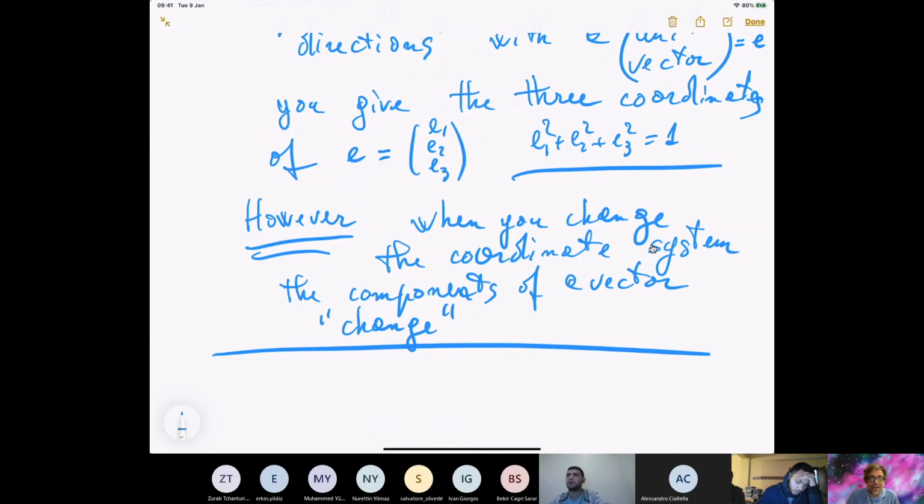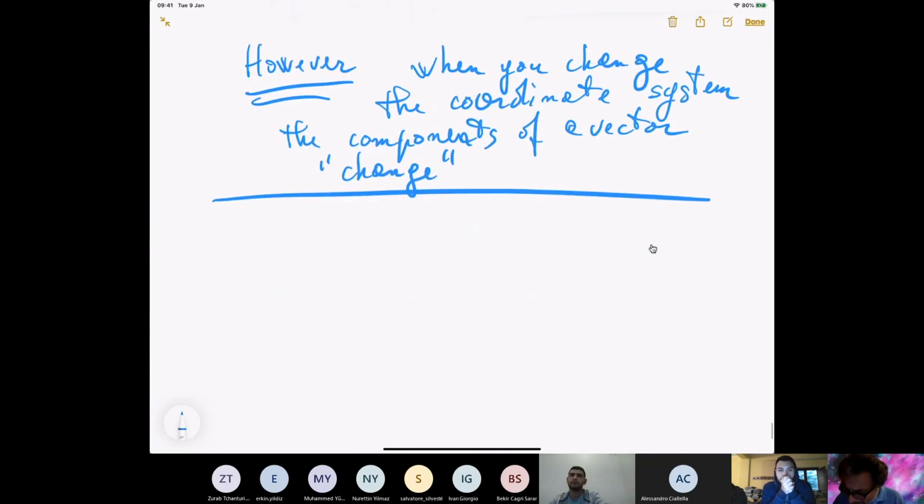So we have also some drawbacks in introducing the coordinate system. However, what we have done up to now is, I think, now clearer. If I have a vector V, I can write it as a linear combination of one basis. I can write it as another linear combination in another basis.